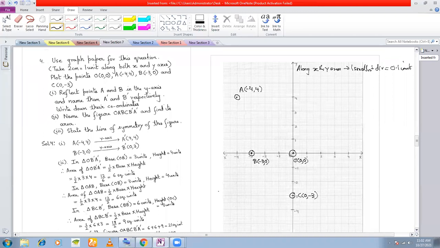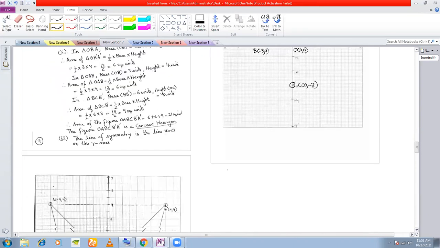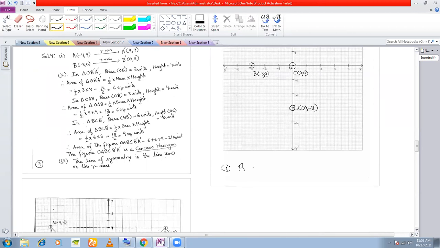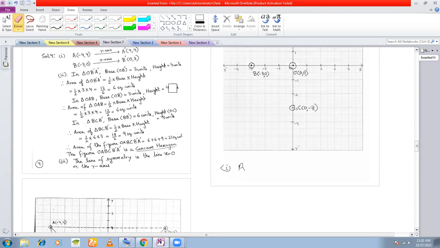Next, the question follows. Reflect the points A and B in the y-axis and name them A dash and B dash respectively. Write down their coordinates. So A and B you need to reflect in the y-axis. Coordinates of A here is minus 4 4.